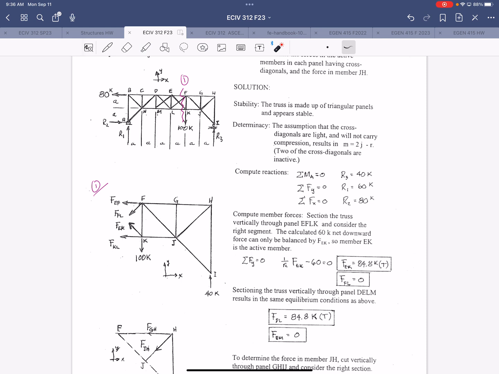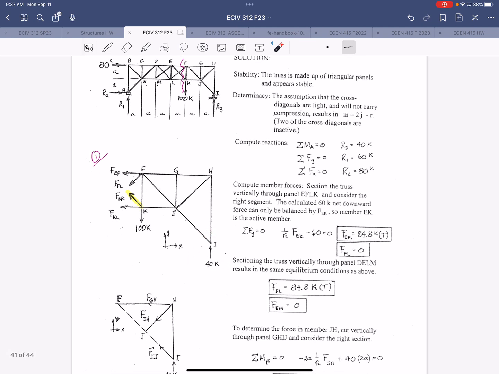That's all we really need to evaluate intuitively which of these cross-diagonal members is going to be active in tension, and it's going to be EK, since it's the only exposed force that can oppose the downward net applied force. Or I should say net external force, because that's not applied, it's a reaction.